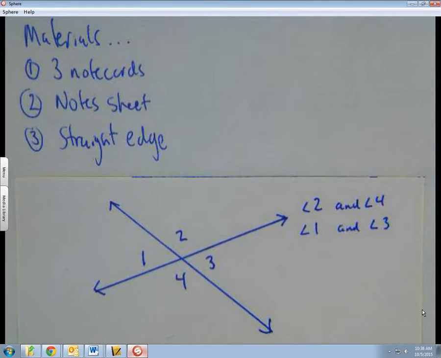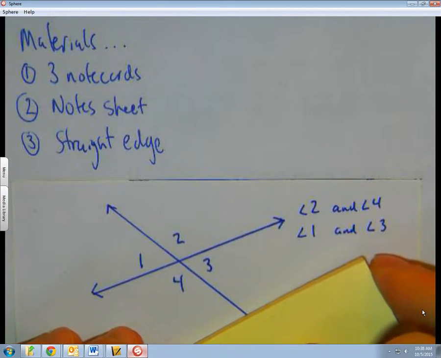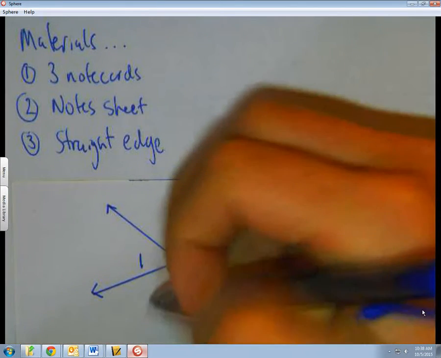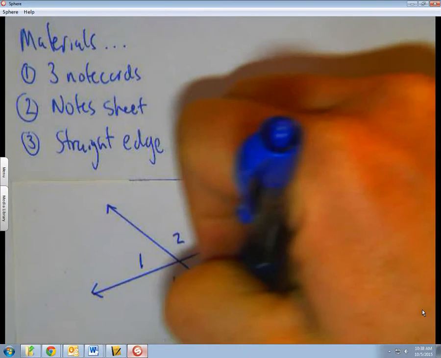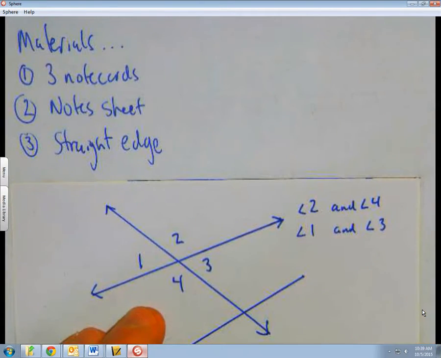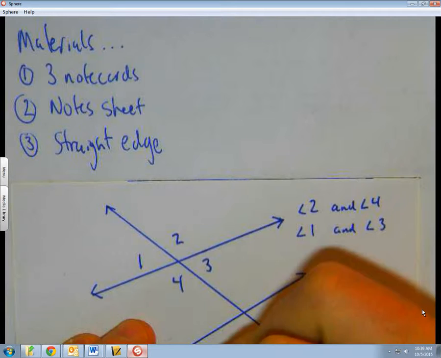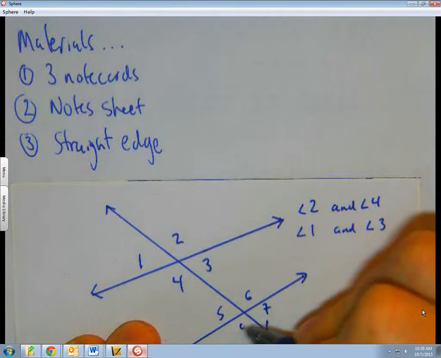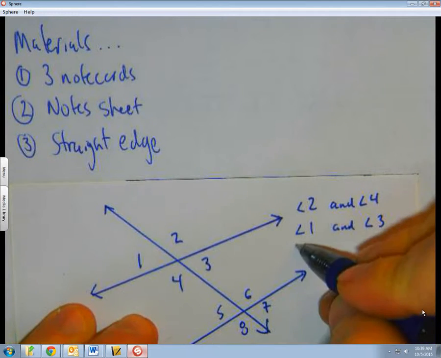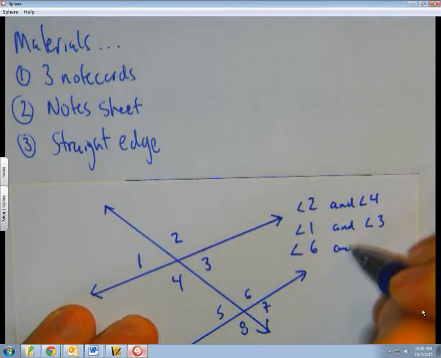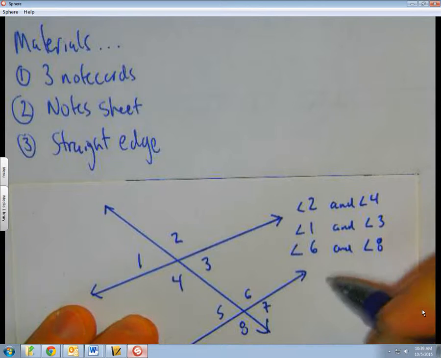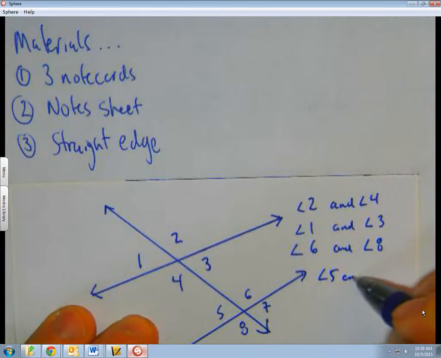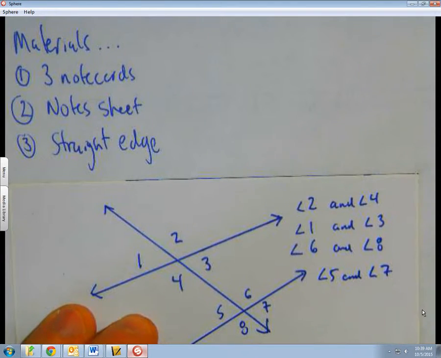If let's say we added this to it, let's add this right in here, and let's say we go 5, 6, 7, and 8. So angle 6 and angle 8 and angle 5 and angle 7. So those are all vertical angles.